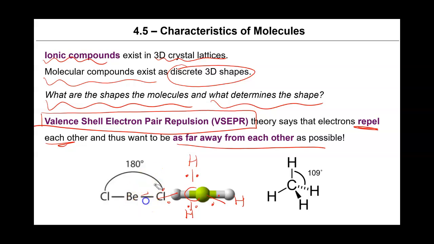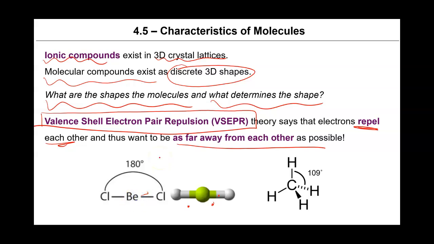In the molecule BeCl2, we have only 3 atoms joined together by 2 bonds. Those 2 bonds attempt to keep as far away from each other as possible, and the best way to keep 2 things out of each other's way is to have them at 180 degrees.